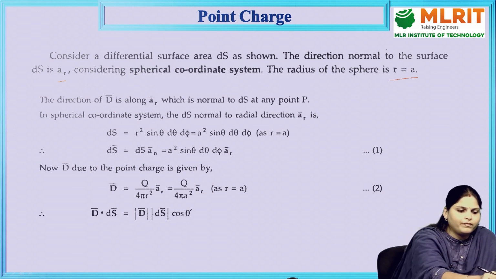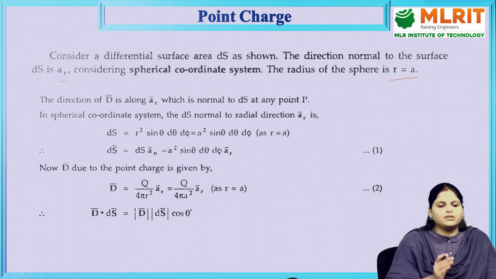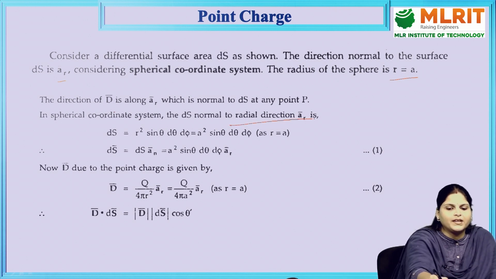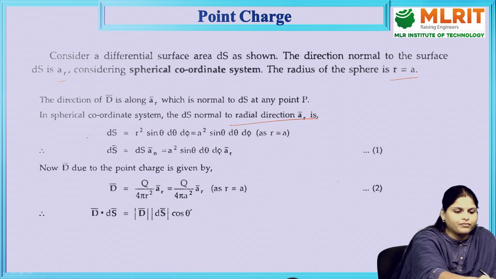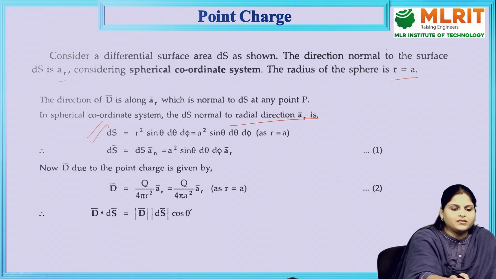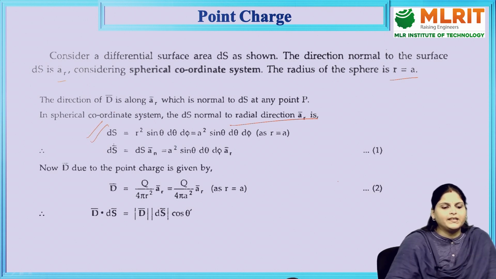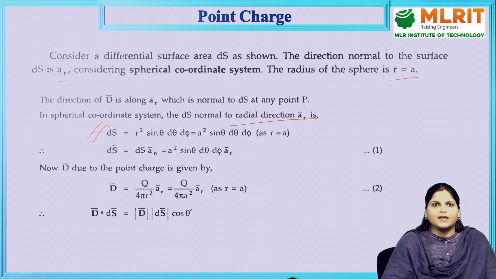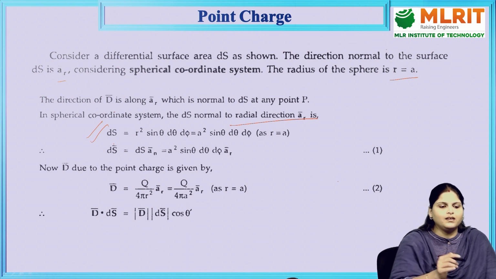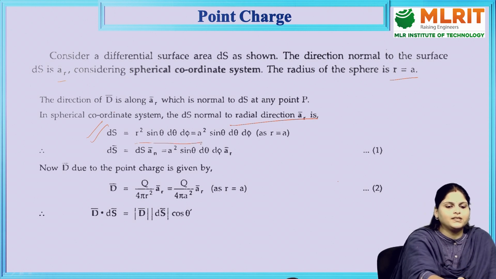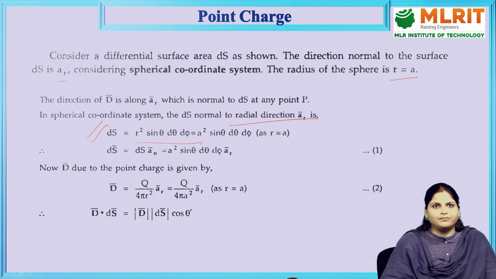In this spherical coordinate system, when we write dS normal to the radial direction aR in terms of an equation, dS equals r squared sine theta d theta d phi.